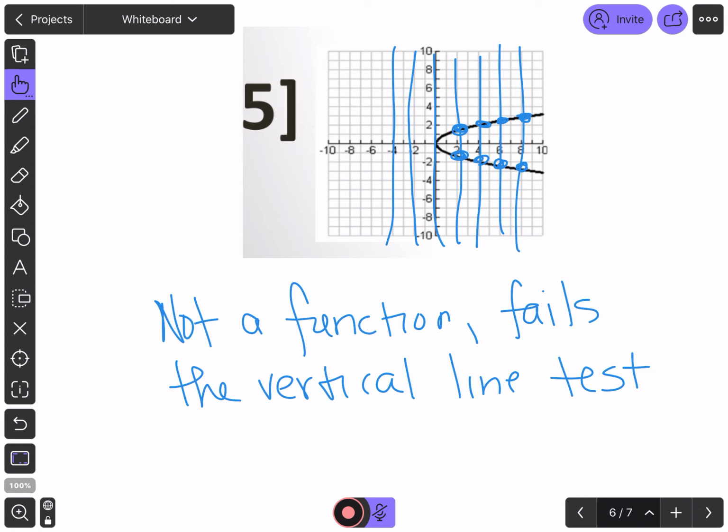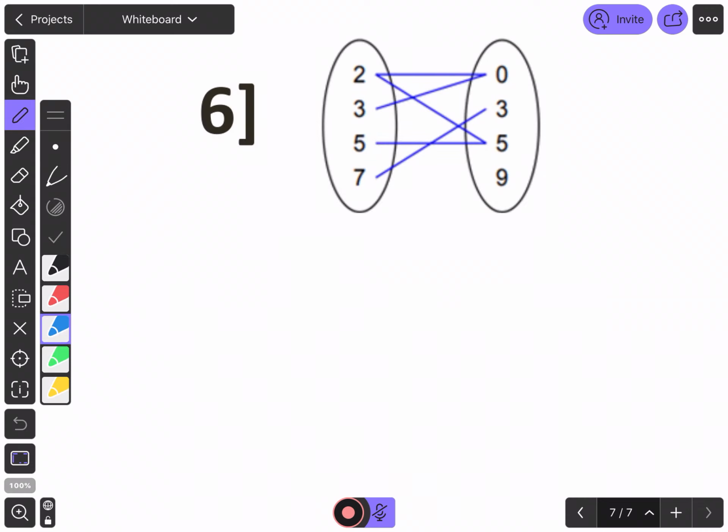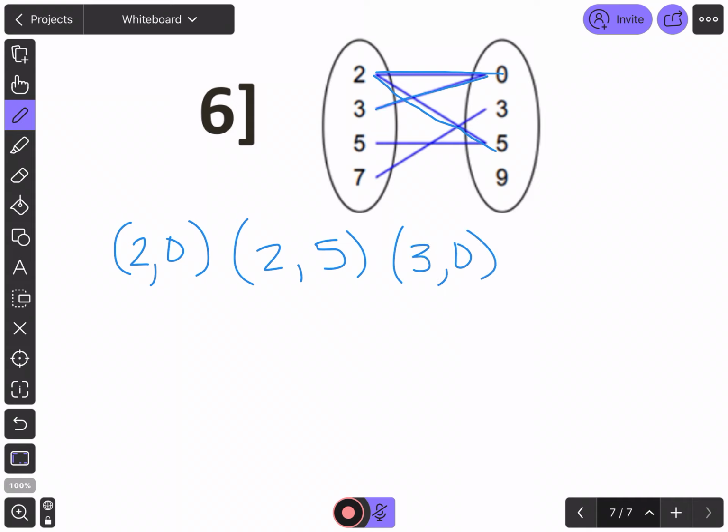Next example. This is another mapping diagram. We're going to take this mapping diagram and we're going to turn it into ordered pairs. The 2 goes to the 0. The 2 also goes to the 5. The 3 goes to the 0. The 5 goes to the 5. And the 7 goes to the 3.